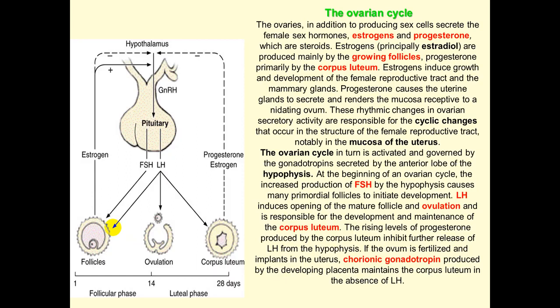Prolactin, as you remember, is a secretory product of the mammotroph cells of the adenohypophysis. These are oxyphilic cells. And this hormone also stimulates lactation, production of milk in the mammary gland after childbirth.